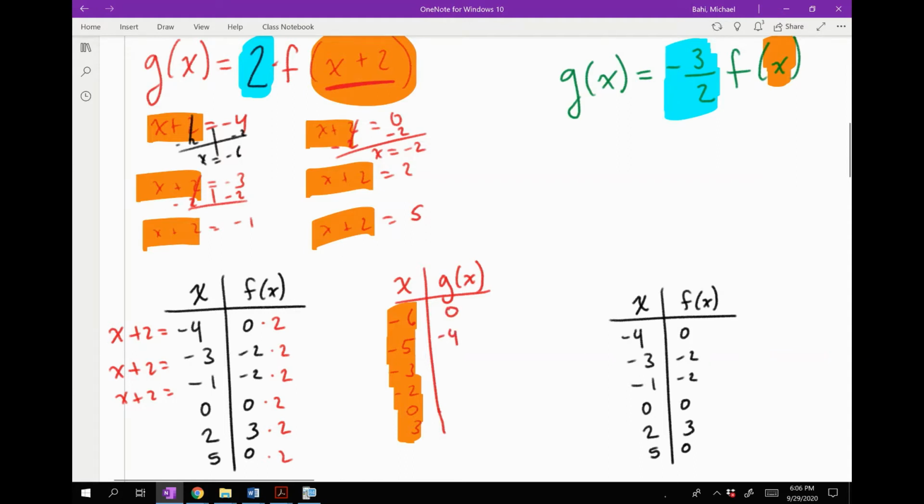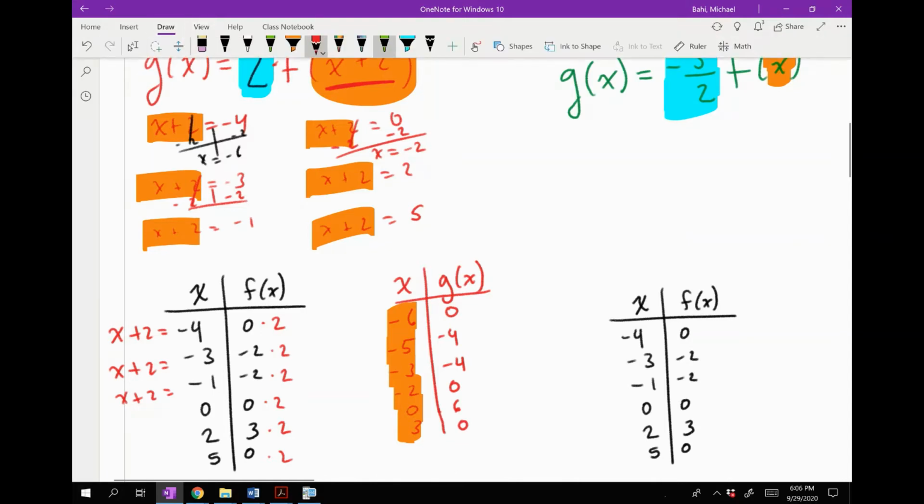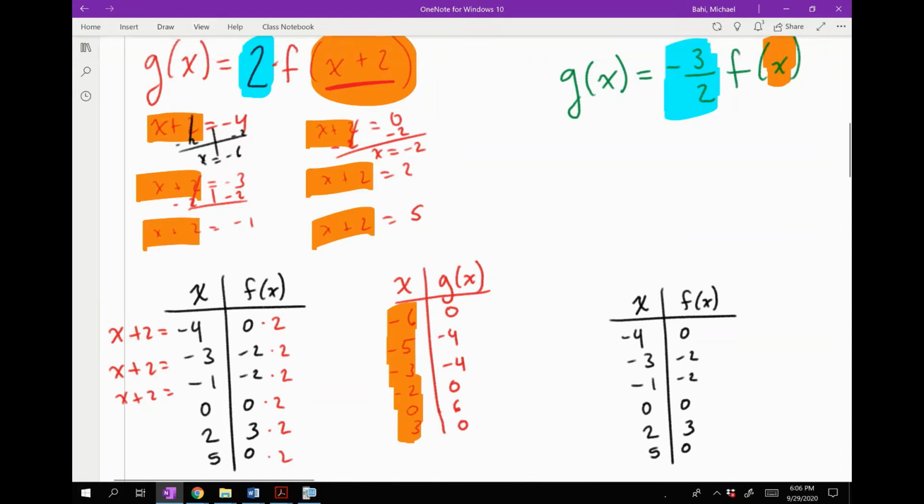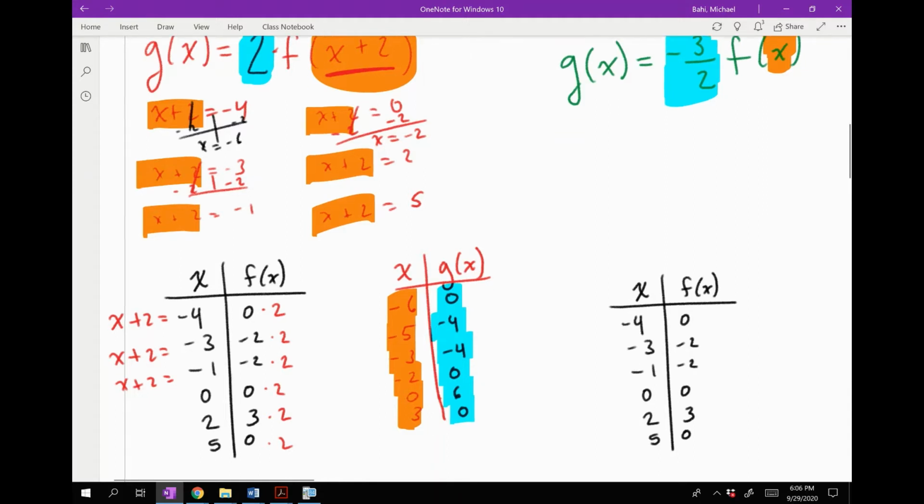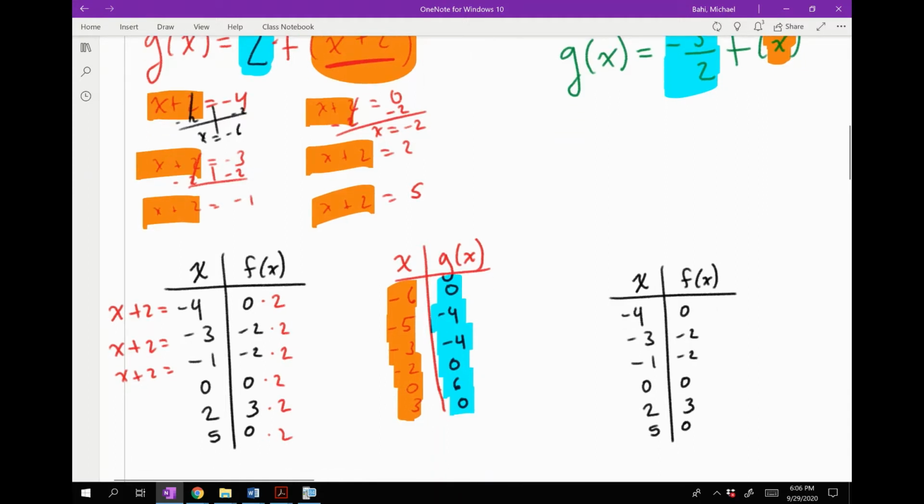That's negative 4. That one's also negative 4. And then that's going to be 0. And that's going to be 6. And that's going to be 0. Okay? So all of these new y coordinates are the way they are because of that blue 2 that's out in front. Okay? So this is my table for this new graph.